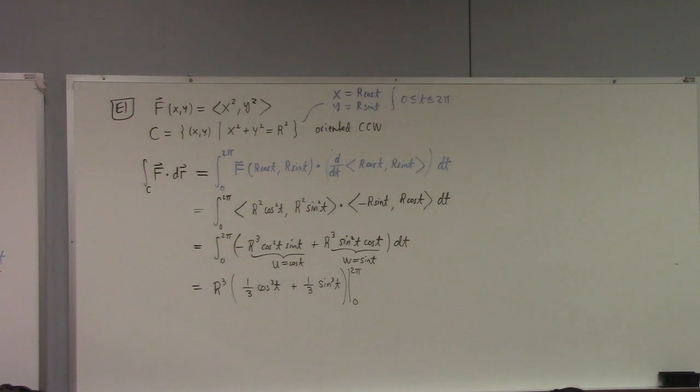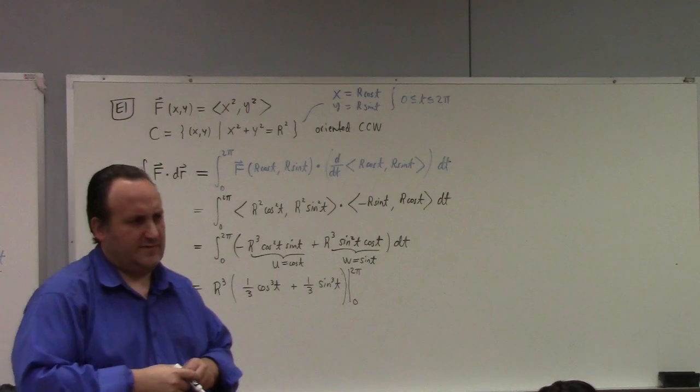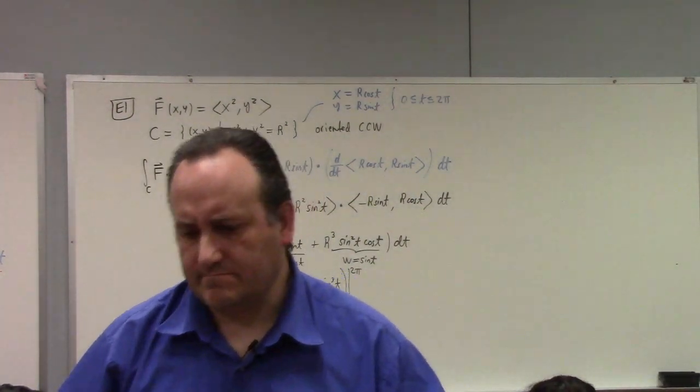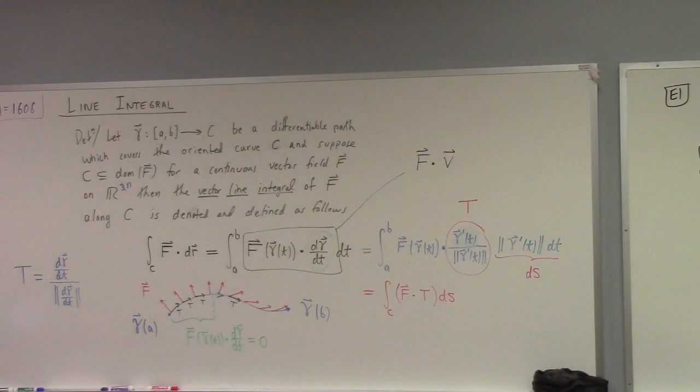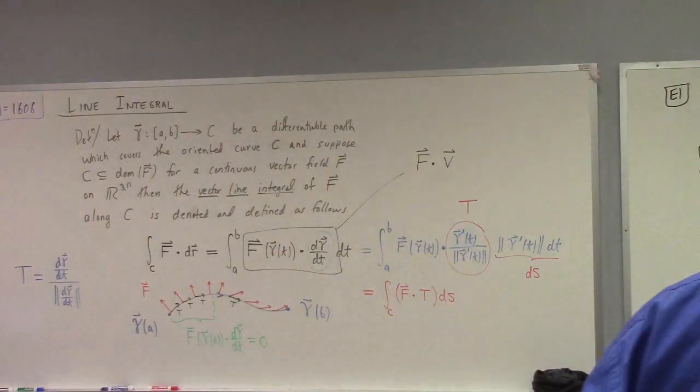By the way, for those of you who care about physics, remember this right here, in terms of physics, is the force dot the velocity. Right? That's the force dot the velocity, and what is that? Do you guys remember, if you've had physics, what is force dot velocity? Force dot velocity is power.